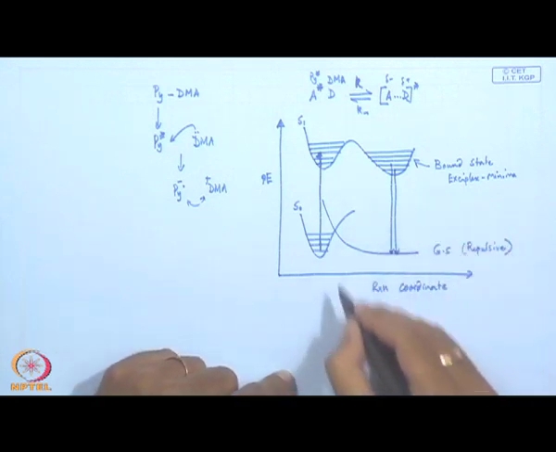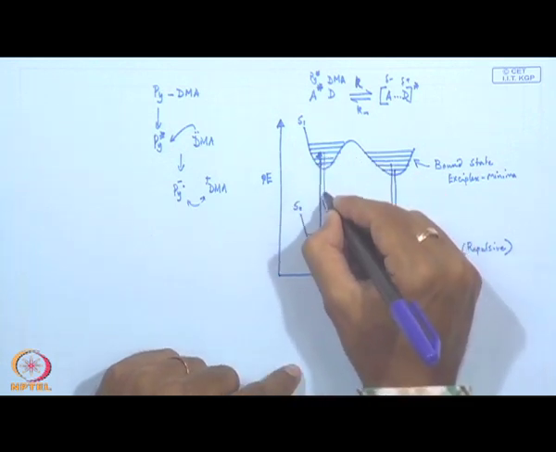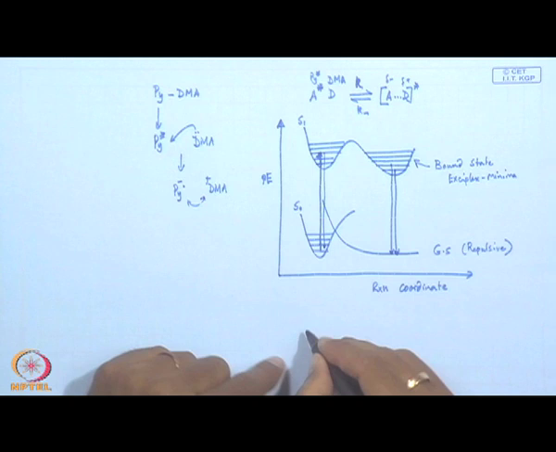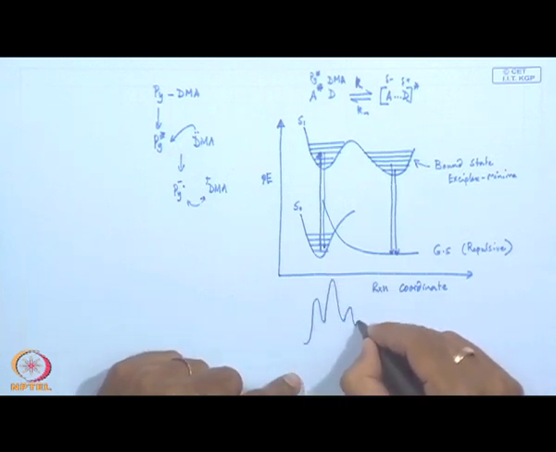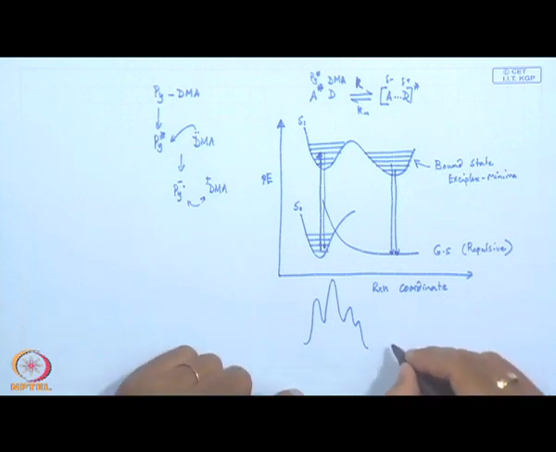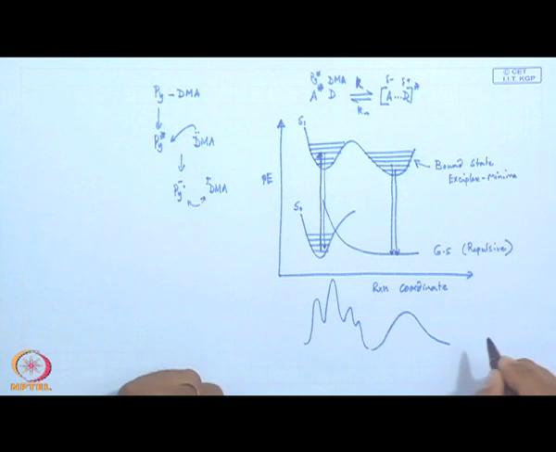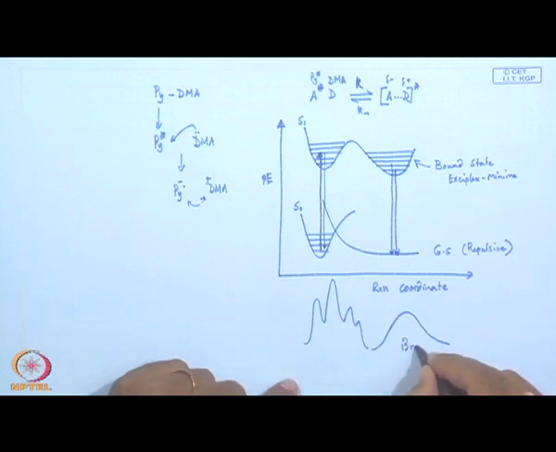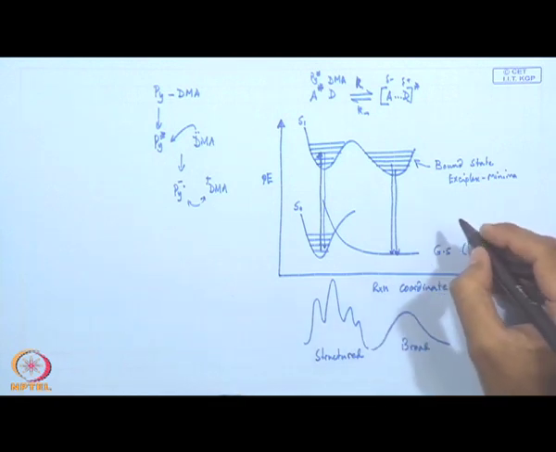Therefore, if you have emission from here to here, you can have this structured kind of thing, and here you can have broad emission. So this is broad and this is structured. This is a structureless exciplex emission.